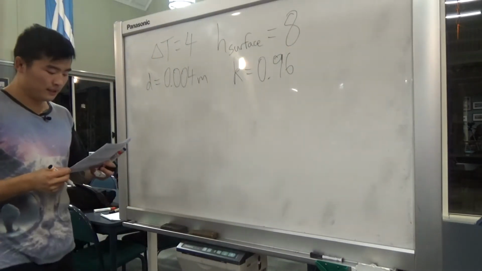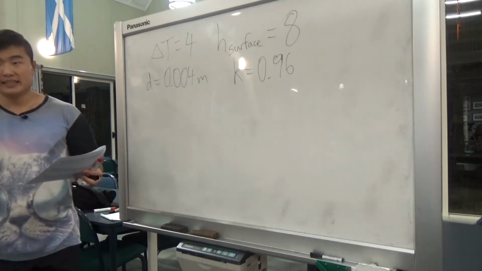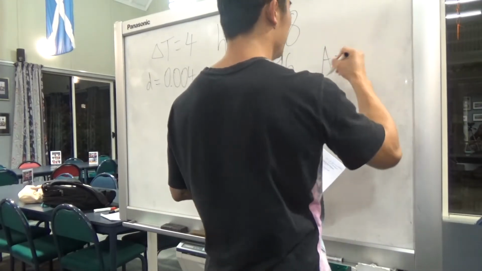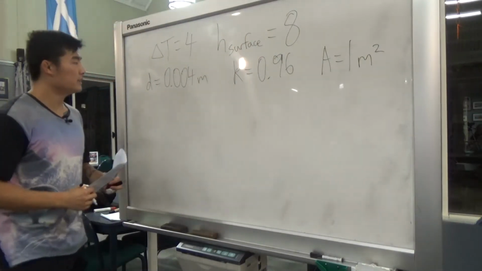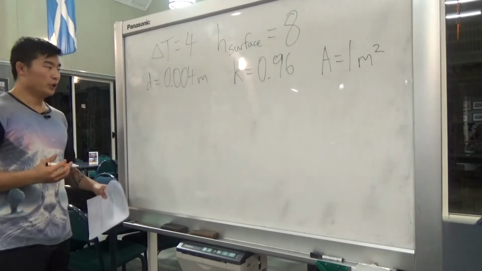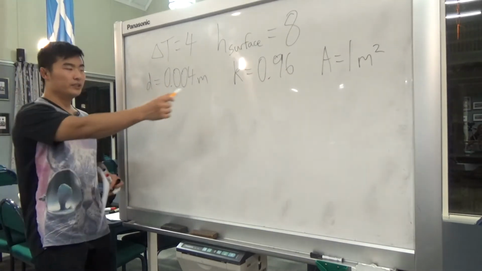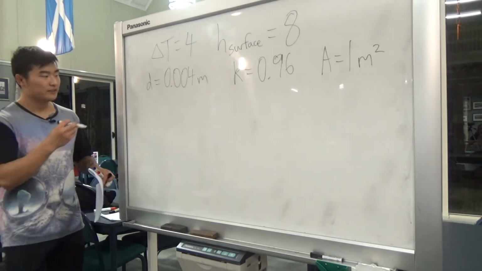Okay. And then you want to find out the rate of heat loss from 1 square meter. So the surface area is going to be 1 square meter. And so if you have K and D, you need to find out the H of conduction.